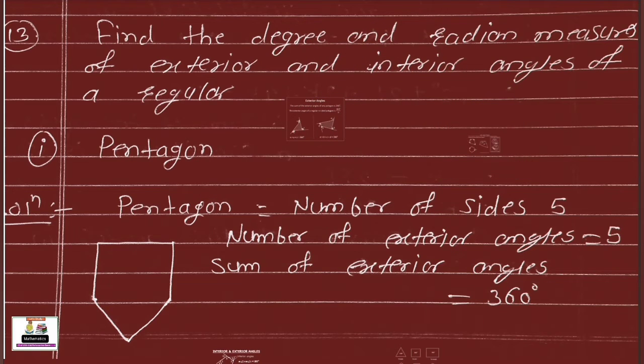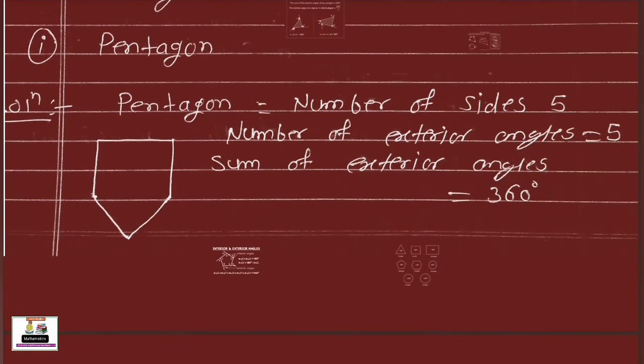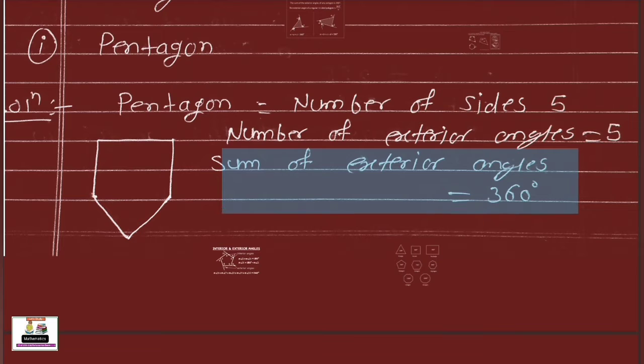Now, the first polygon is the pentagon. Pentagon means the number of sides is 5 and the number of exterior angles is 5, and the sum of exterior angles is 360. We know that the sum of exterior angles is 360.